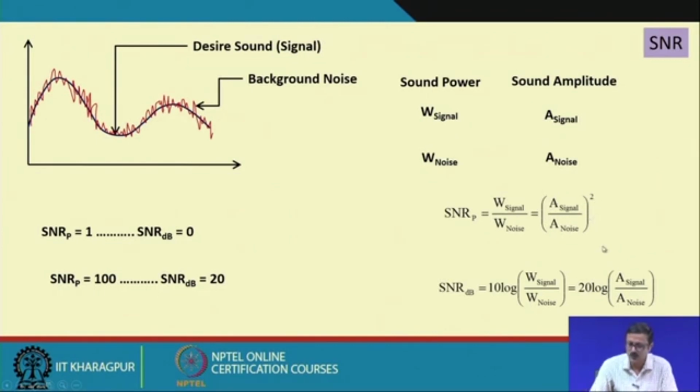So, I can say that when, from the power point of view, the SN ratio is 1, it translates to an SN ratio of 0 dB, and when it is, suppose, 100 from the power point of view, it goes to 20.